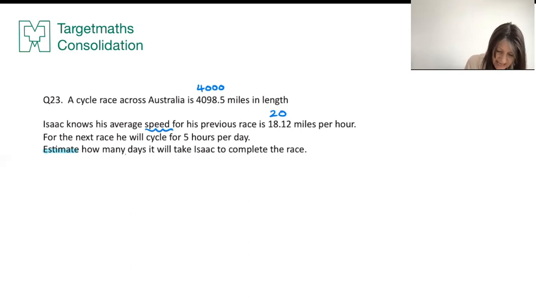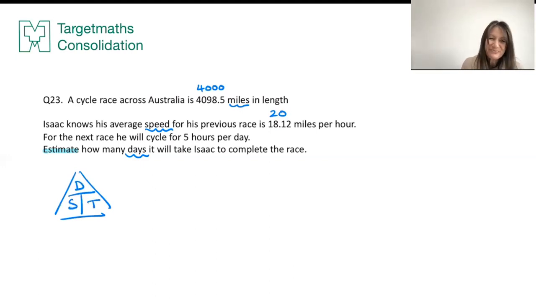We want to know how many days, which is time. There's our distance. So we've got speed, distance, time in this question as well. Dad's on top. And then I think about what I've got. I have got distance. I've got 4,000. And I've got his speed, which is 20.